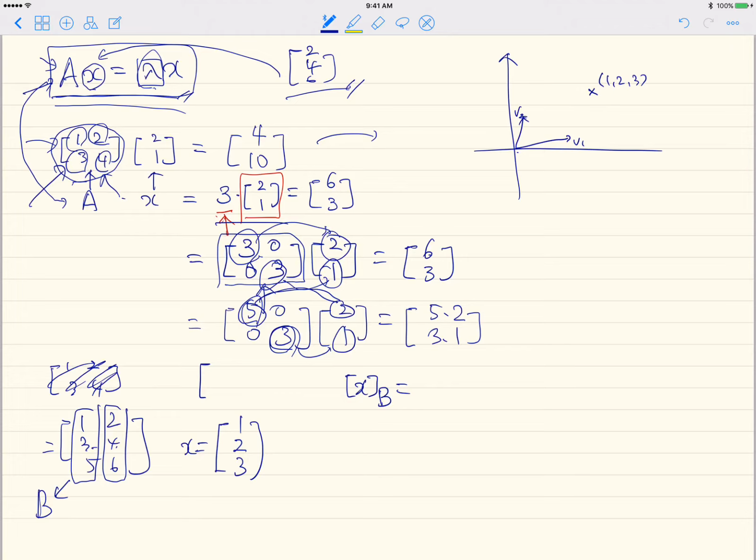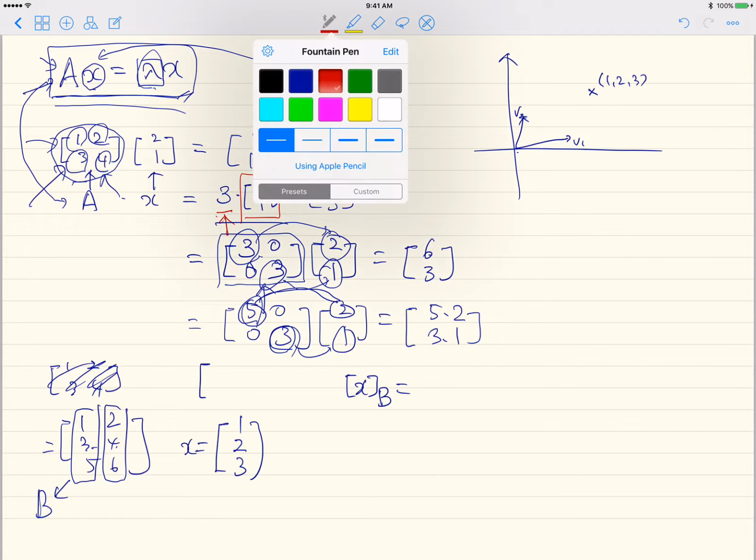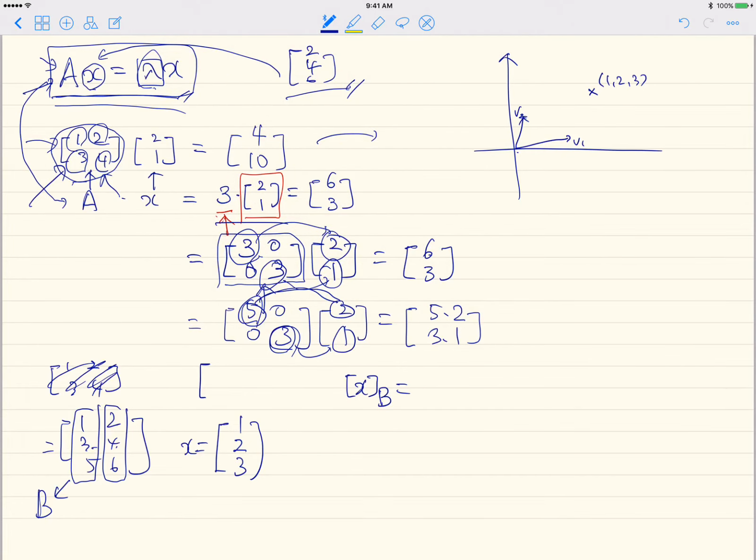First of all, what will be the dimension of this B coordinates of x? Is it 2-dimensional or 3-dimensional? It's 2-dimensional, right? Why? Basically, suppose that was C1 and C2.